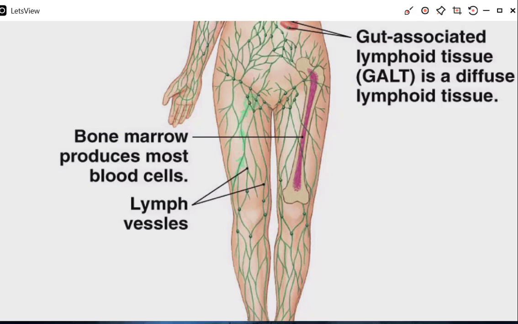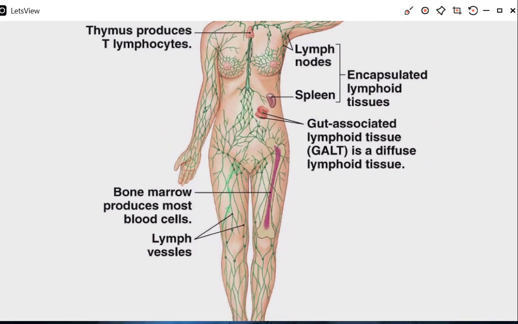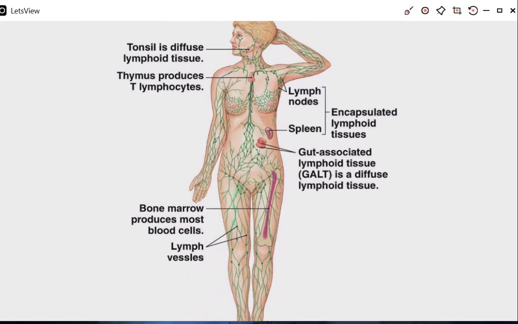And those are called lymph nodes. And if you look to see where there's aggregations of lymph nodes, you'll see three big aggregations. This picture doesn't show it real well, but there's a huge aggregation around the groin, a huge aggregation in the armpit, and then a huge aggregation around your neck.